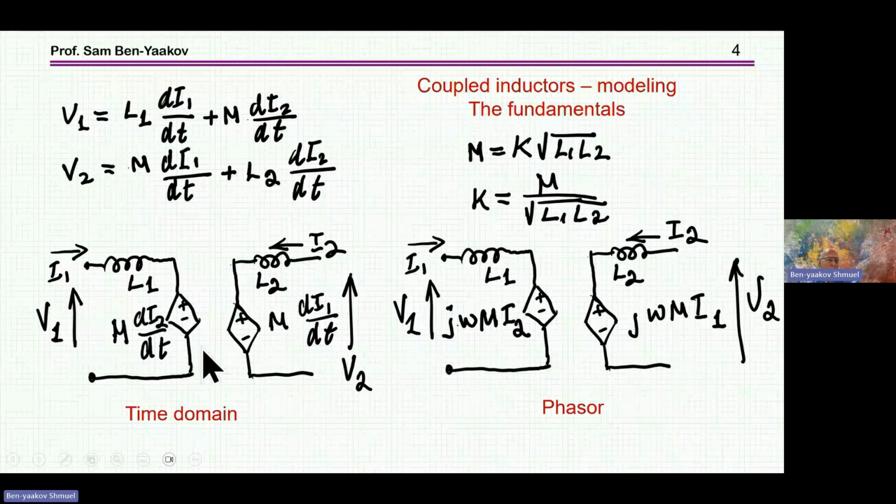Here there is a dependent voltage source, and the value is M, the mutual inductance, times the current here, and vice versa on the other side.